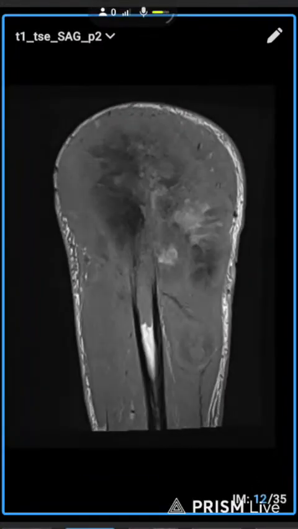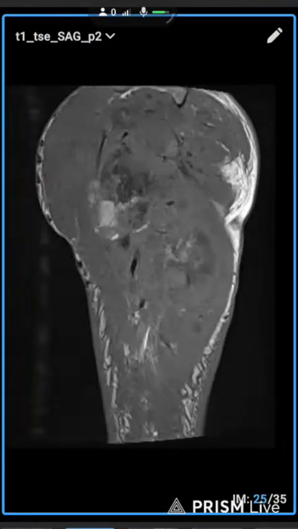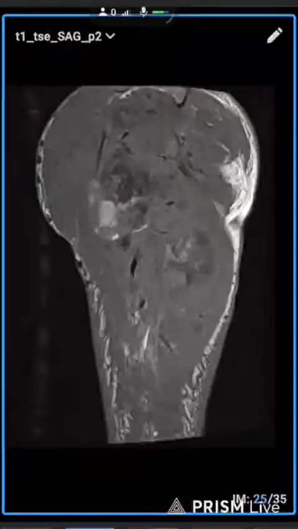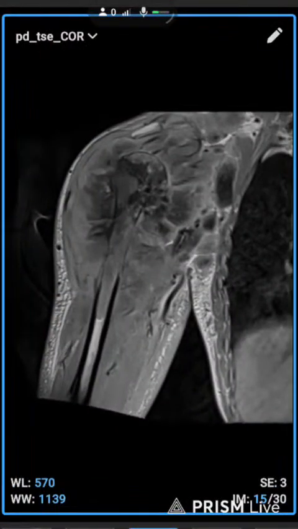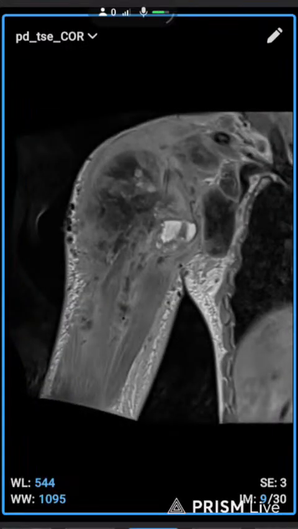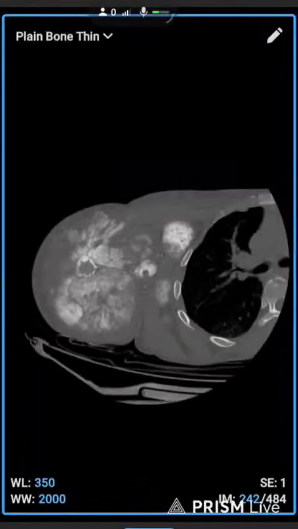Also here you can see in T1 there was a lot of bright area. So it's not properly identified whether it is fluid or an abnormal issue.